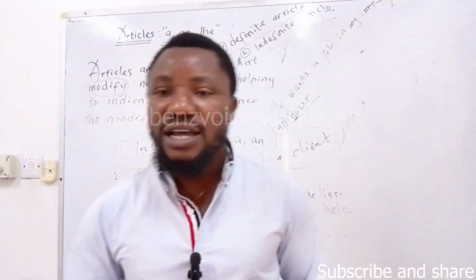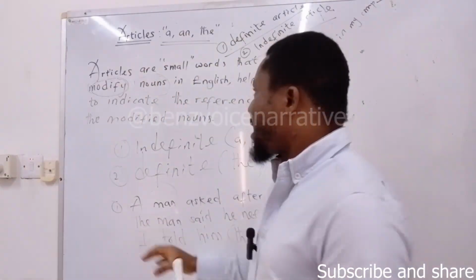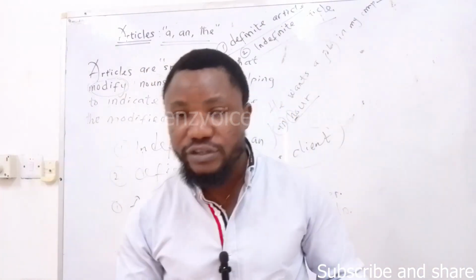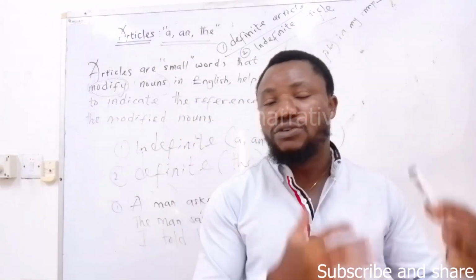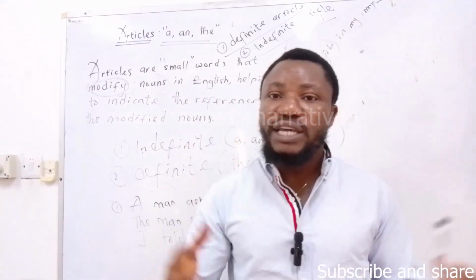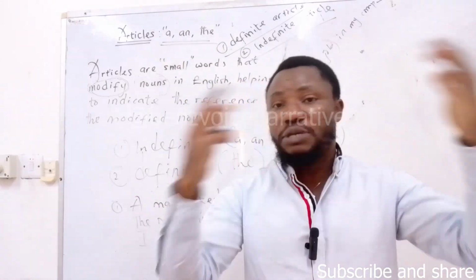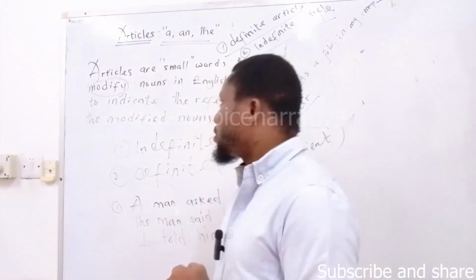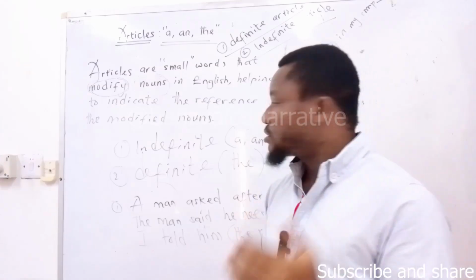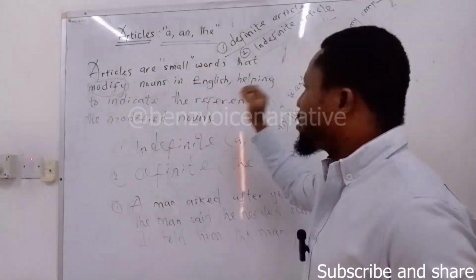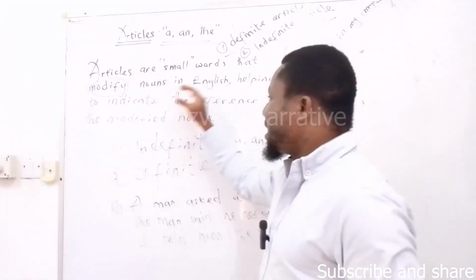Before we wrap up this class, let's understand that articles are examples of adjectives and never a standalone class of parts of speech. There are only 8 parts of speech in the English language, and in another video I'm going to be explaining everything that you need to know about the English parts of speech. But for now, understand that articles are small words that help to modify nouns in the English language.